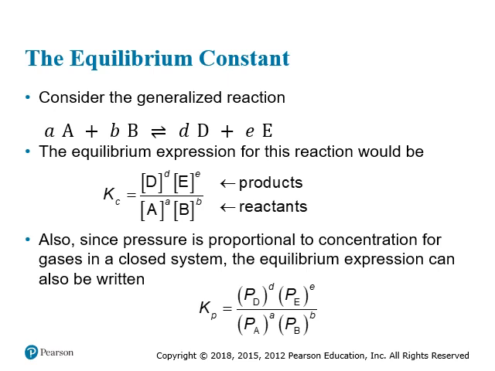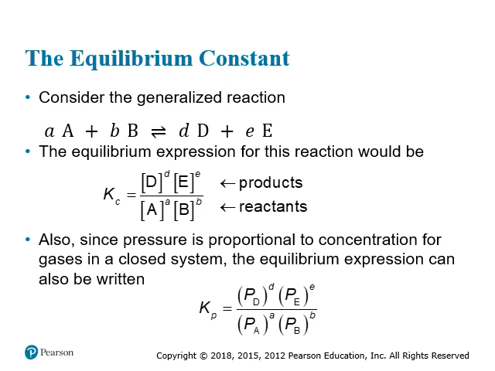The concentration of each product raised to its stoichiometric coefficient multiplied by one another, divided by the concentration of the reactants stoichiometrically raised to those coefficients.